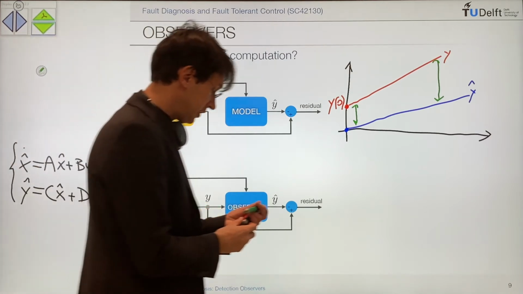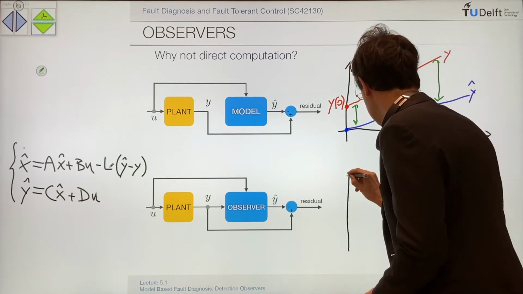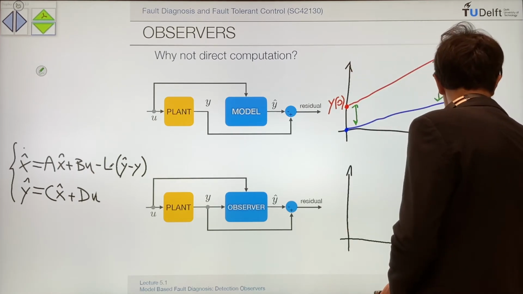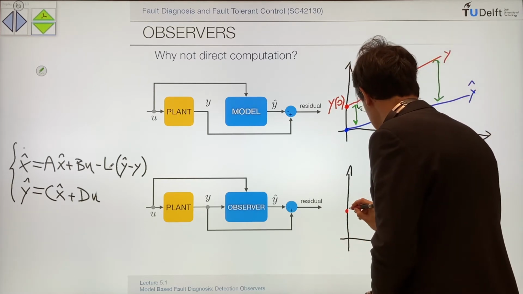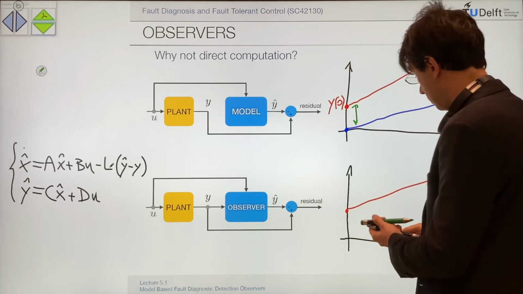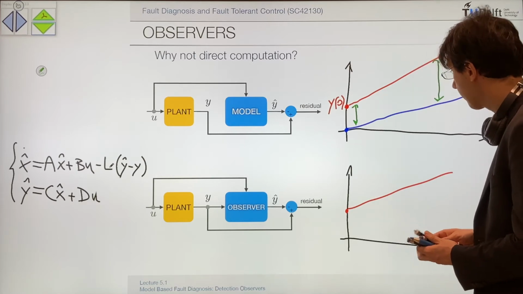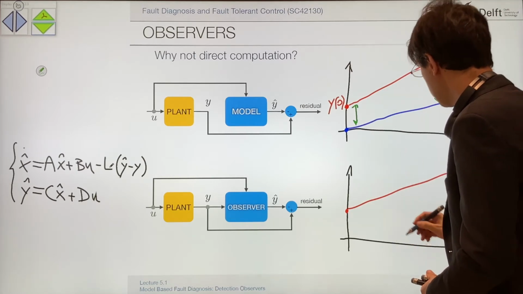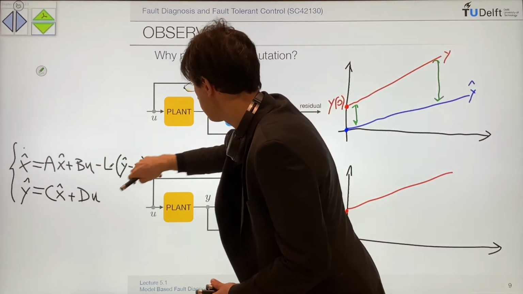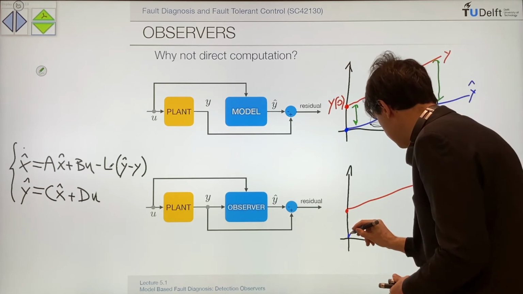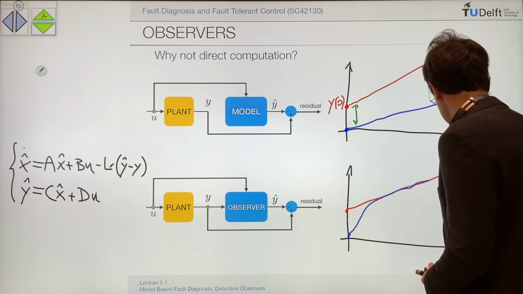Instead, in an observer, this is not happening. So even in the same situation where you don't know initial conditions, what the observer is doing is that thanks to this term, it is tracking your output and then staying on that.